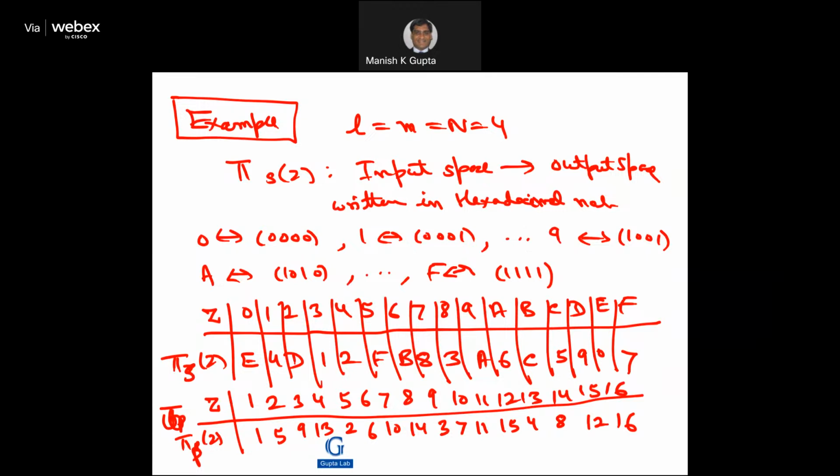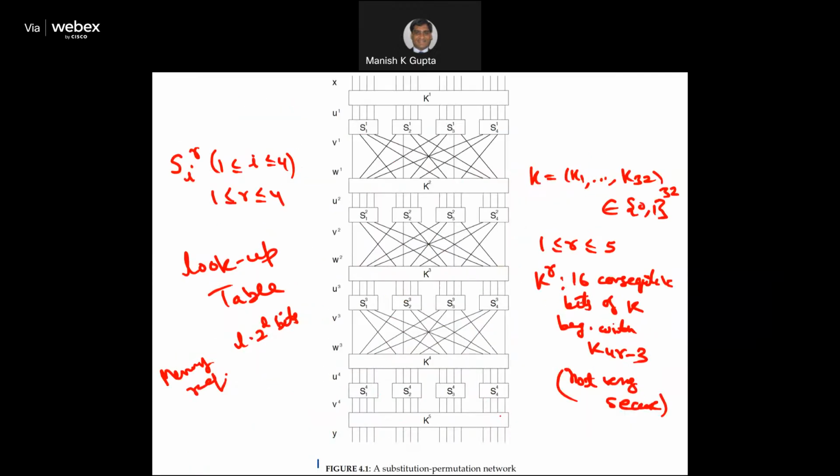Now, what is left? We need to take a random key, and we should know how to generate the key schedule. Different keys, K1, K2, ..., Kn for each round, right? Now, here is a typical scenario. So X is the plain text. I think it is not visible at the top, but it's okay.